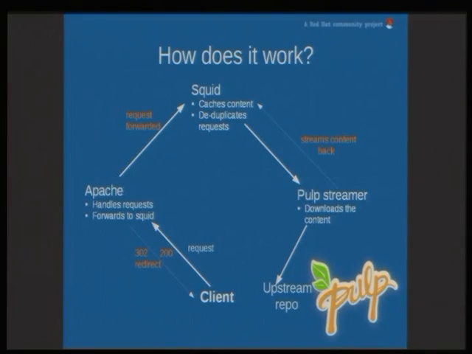And what does this task do? This task goes to Squid, where all the cached files are, and downloads them and saves them into the file system of Pulp. So next time when the client requests the same package, it's not downloaded from the upstream repo, but Apache can serve it directly because it is already saved on the file system.